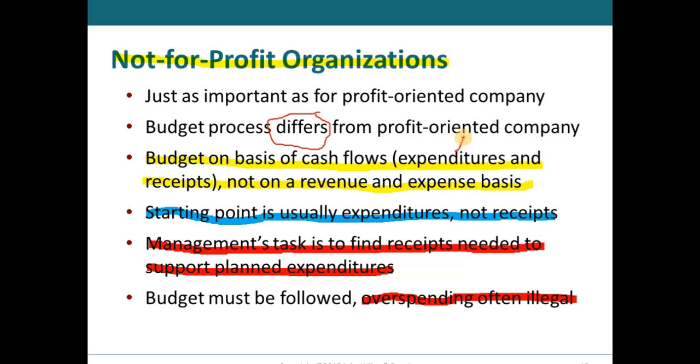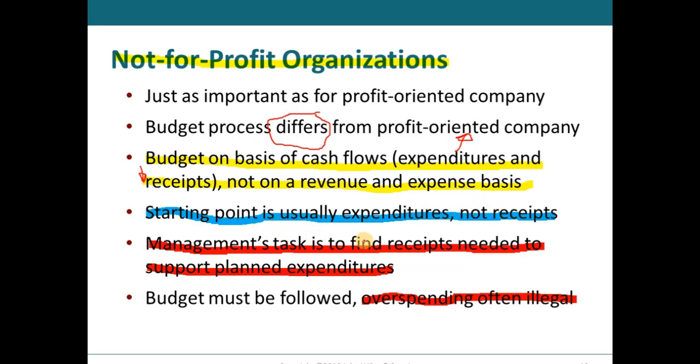Expenditure is cash outflow, and receipts are cash inflow.